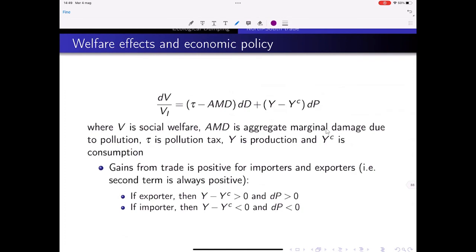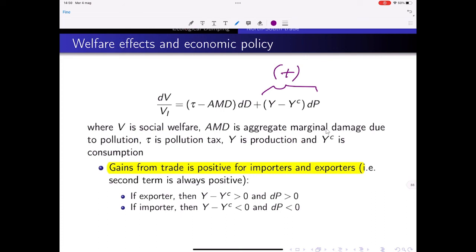Let's start with gains from trade. Gains from trade are positive both for importers and exporters. So gains from trade are always positive for importers and exporters. That is to say, this second term here is always positive. So why is this the case?